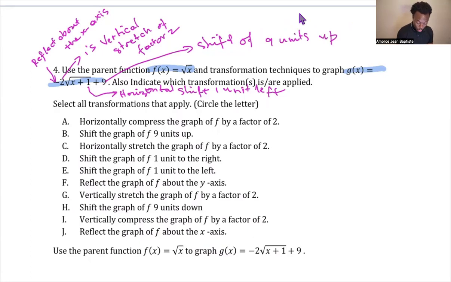Okay, now what we're going to look for are those elements, reflection in the x-axis.